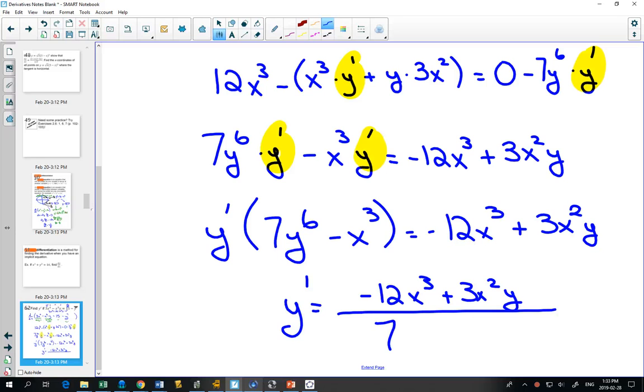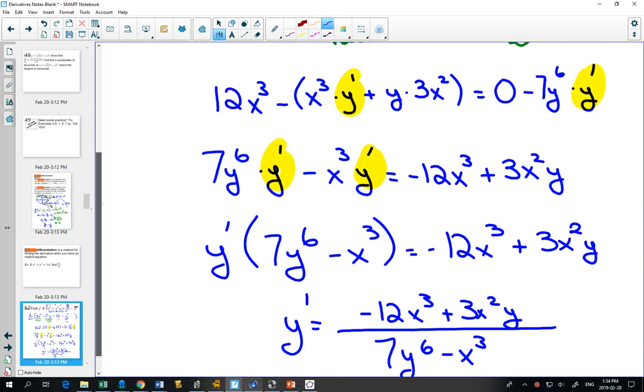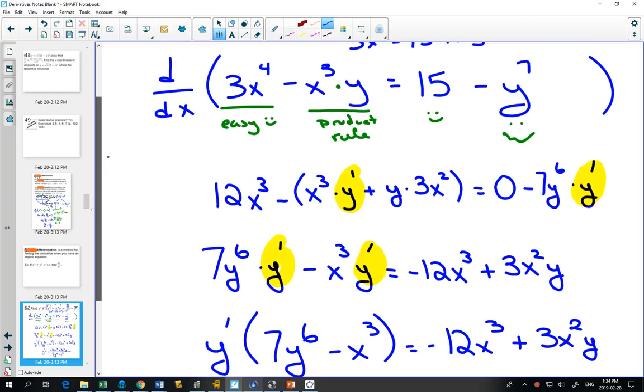I was thinking of the next example I was going to make up. There we go. And so we get y prime all by itself, and it's in terms of x and y. So we had a product rule built in. Everything else was straightforward. Notice whenever you're doing the derivative with a y, that's when y prime or dy dx is going to show up.